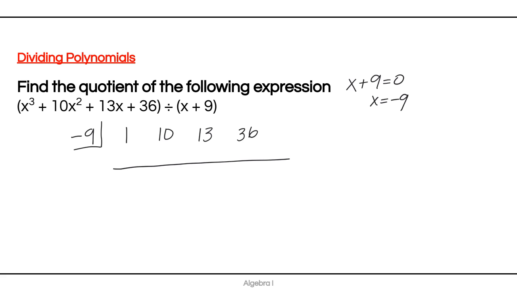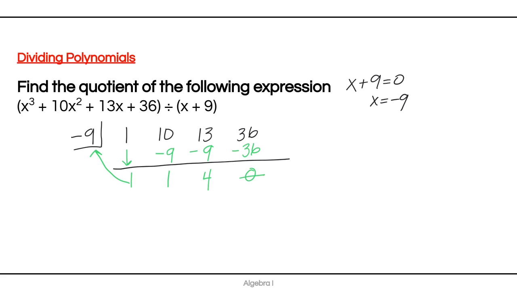So first I'm going to bring down the 1 and then multiply it by negative 9. So 1 times negative 9 is negative 9. 10 minus 9 is 1. And 1 times negative 9 again is negative 9. 13 minus 9 is 4. 4 times negative 9 is negative 36. 36 minus 36 is 0.